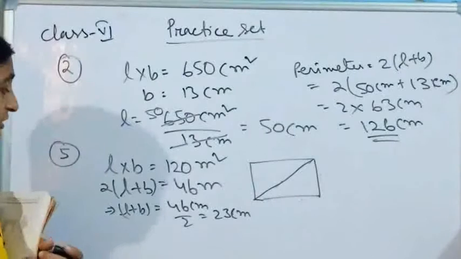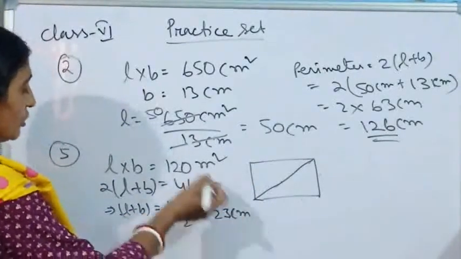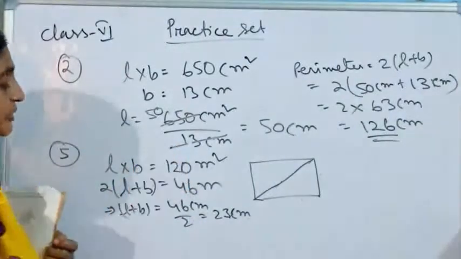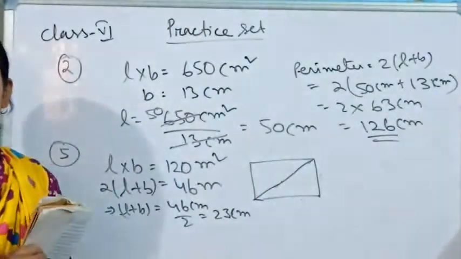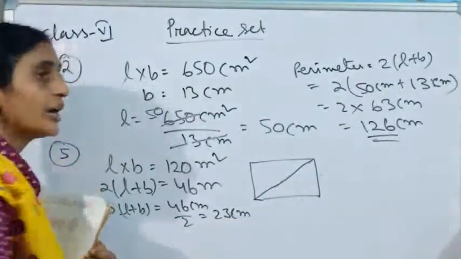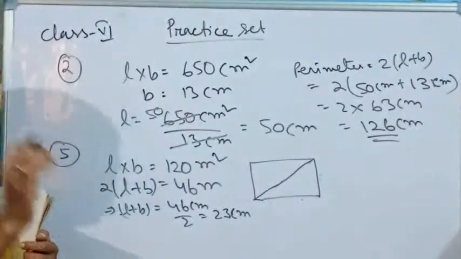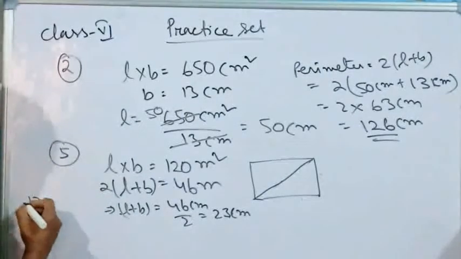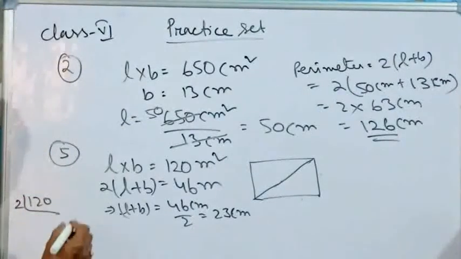Here you might have understood that length plus breadth will be 23 centimeter, whereas length into breadth will be 120 meter square. So there will be such numbers whose sum will be 23 and whose product will be 120. So for that you can go for a trick. See, if I am factorizing 120, yes, we have to think of such numbers whose product will be 120 and sum will be 23.